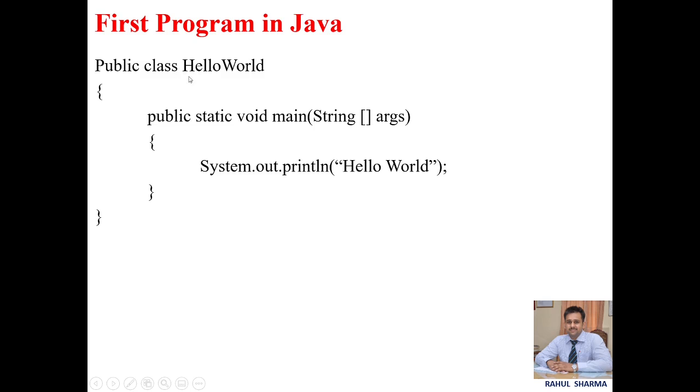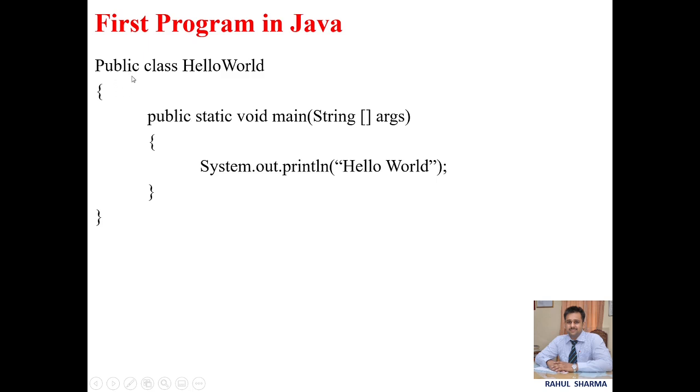But for the outer class we can only write public, and if we have not written public then it will automatically be taken as the default access specifier. So it means an outer class can be public or default only. We will study this concept of access specifiers when we study packages.